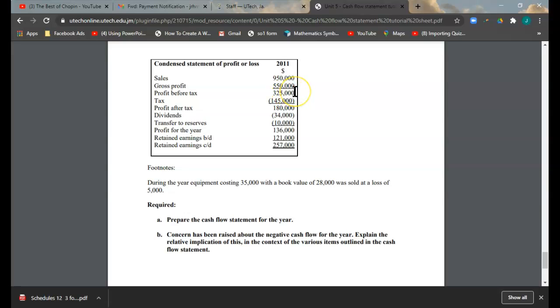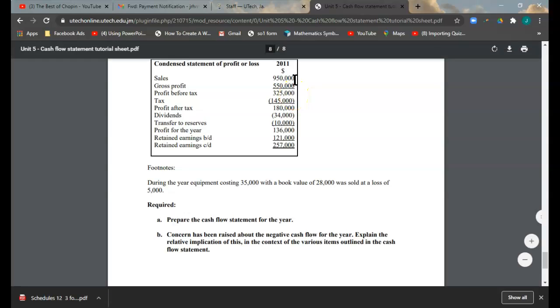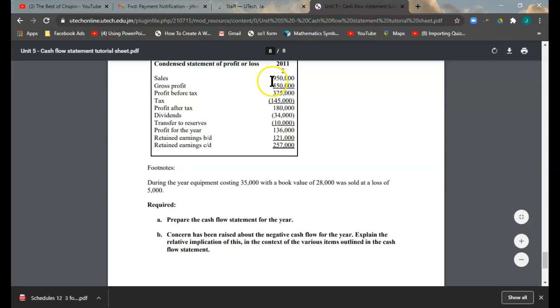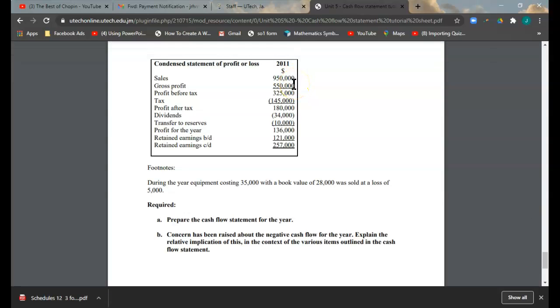And by the way, do you realize that this 325 is not found by subtracting 550 from 950? So just because you see this underlined number of 550,000, it doesn't mean that you're going to subtract these two. It's just that they've pulled the figures out, and I'm not sure why they have underlined this one.